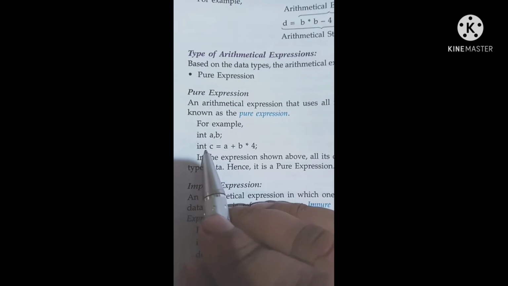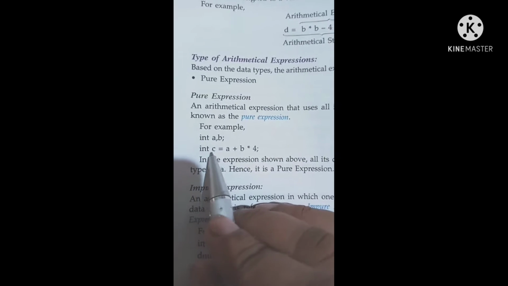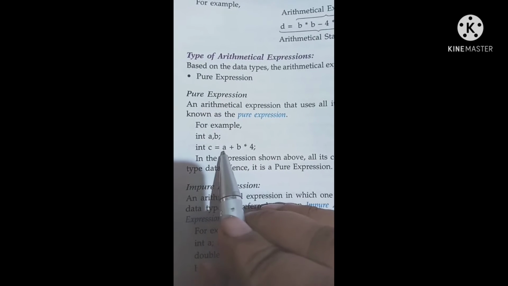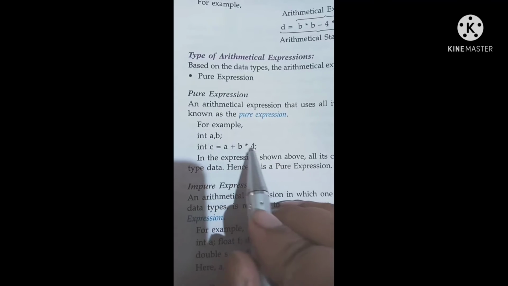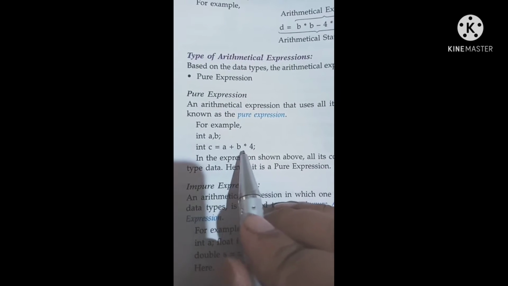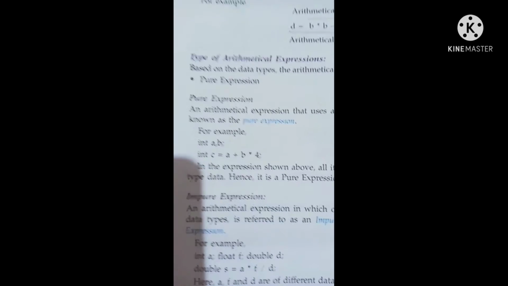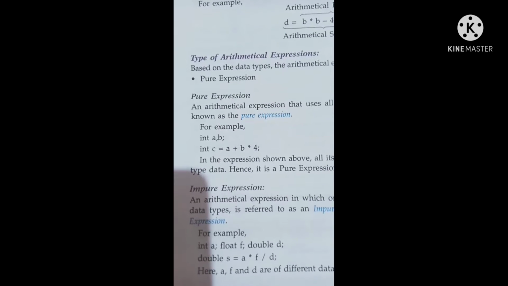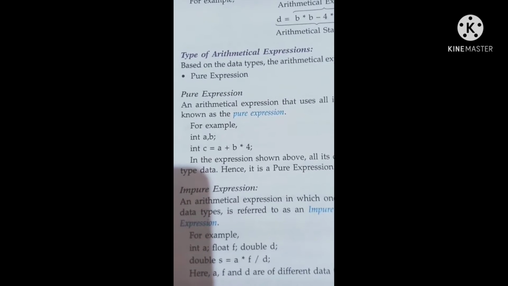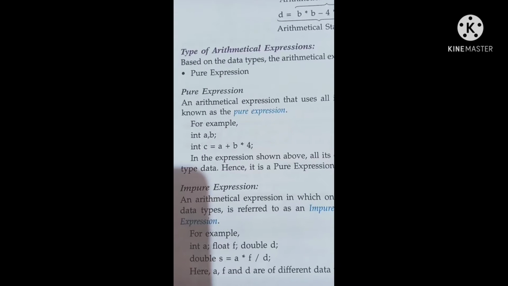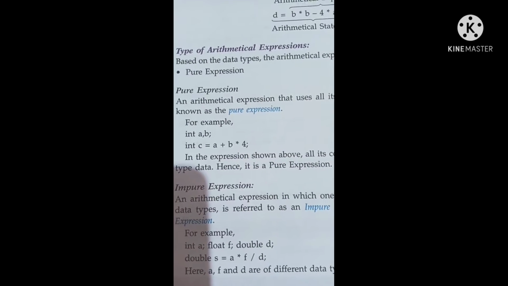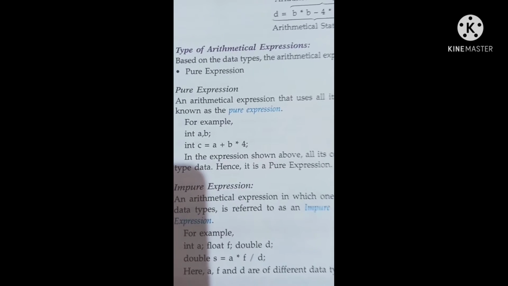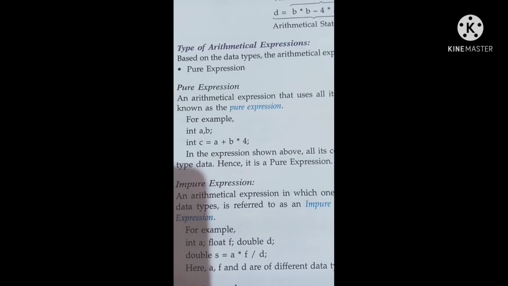We have to evaluate the value of the c variable, with the assignment operator: a plus b into 4. Whatever values a and b have will be calculated. b will be multiplied first with 4. After that, the value will be added with a, then that value will be stored in c. Then we will get the value of c.